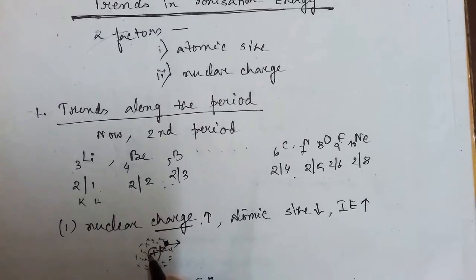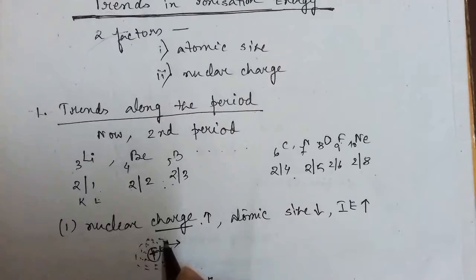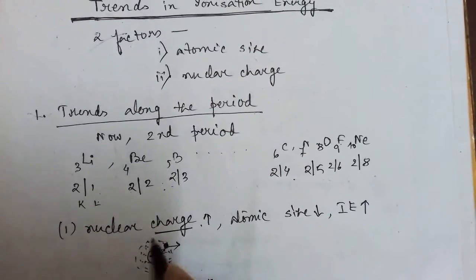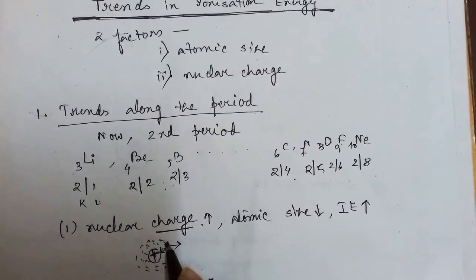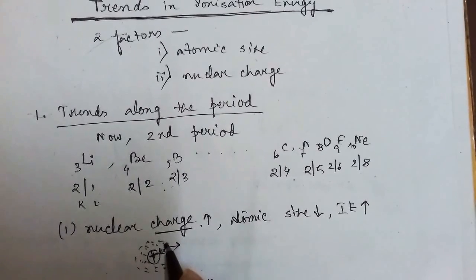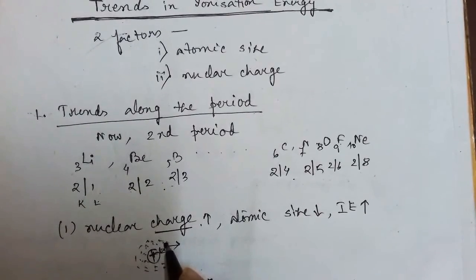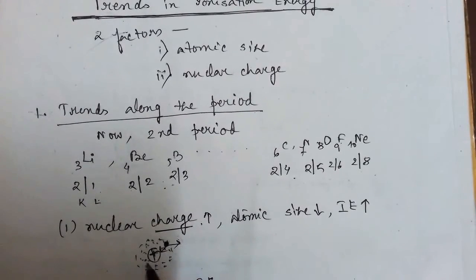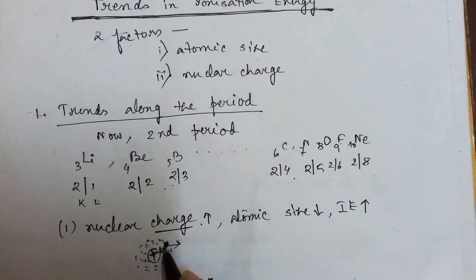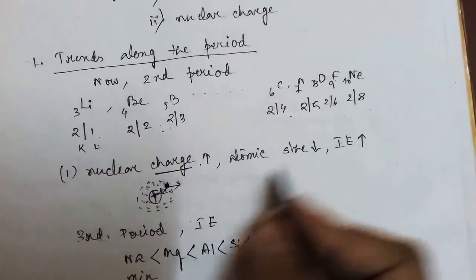So if the nucleus attracts more, the electron density contracts, and the electron at the outermost shell will also be closer to the nucleus and hence more tightly bound. So the required amount of energy to pull it out will be greater. As the atomic size decreases, with the electron coming closer to the nucleus, it requires more energy to be pulled off, and hence ionization energy increases.